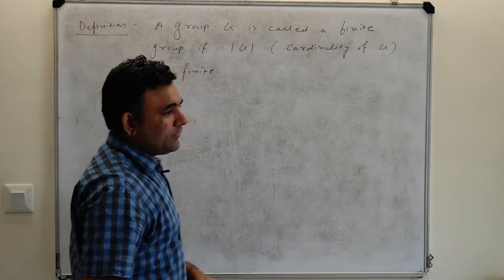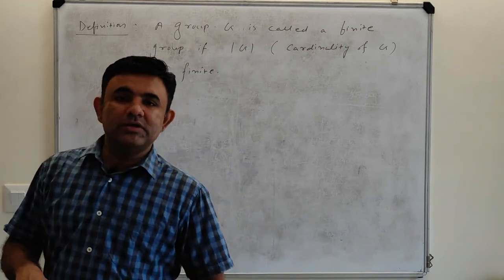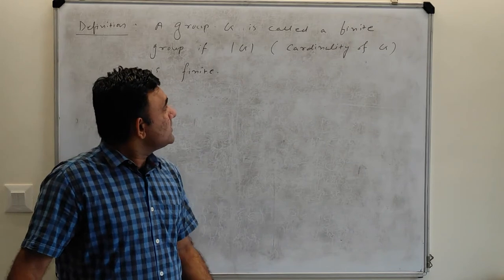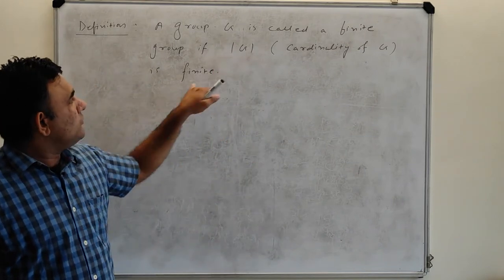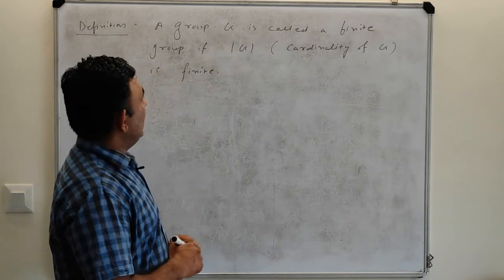Cardinality means what? Number of elements. Roughly speaking, cardinality of a set means the number of elements in the set. So if the cardinality of G is finite, then we say that our group is a finite group.